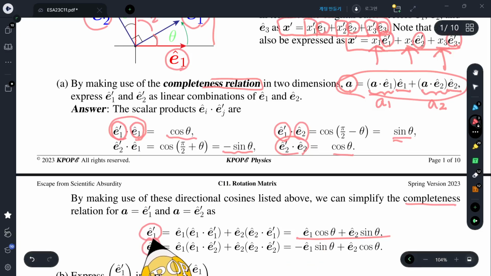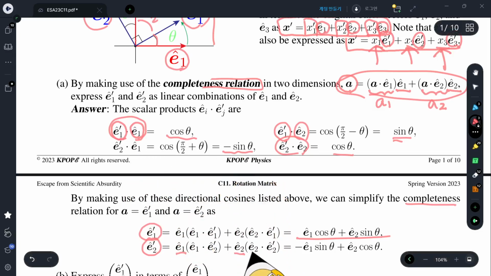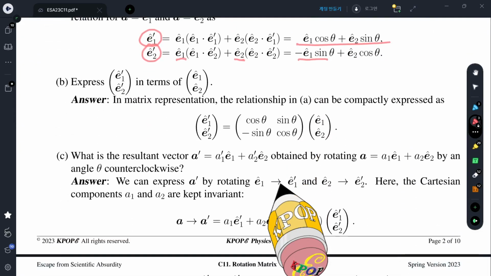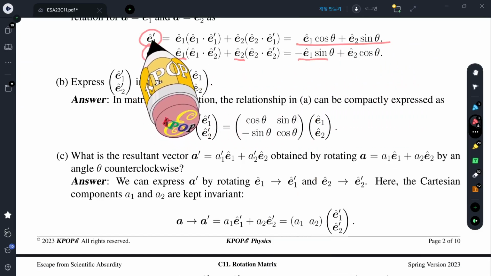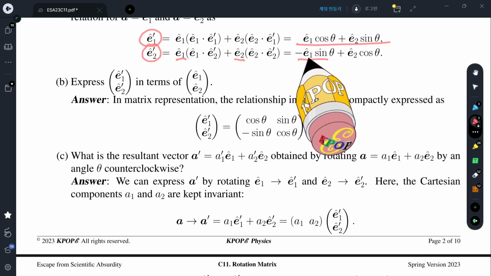What about E2 prime? E2 prime can be expanded again in terms of E1 and E2. Their coefficients are here, and we can copy E1 dot E2 prime is here, minus sine theta, and E2 dot E2 prime, that is cosine theta. That's fine. As a result, I can make use of a matrix to express these two relationships in a compact form.